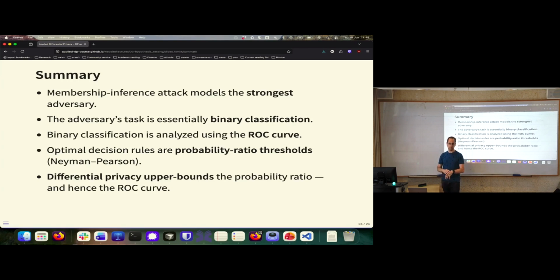From now on, when we use differential privacy, we can view it as how hard it is for the most powerful attacker to figure out, by observing the output, if a certain element was in the input. And how hard it is means how much better than a random guess its prediction will be, for any possible neighboring data sets. Okay? Thank you.